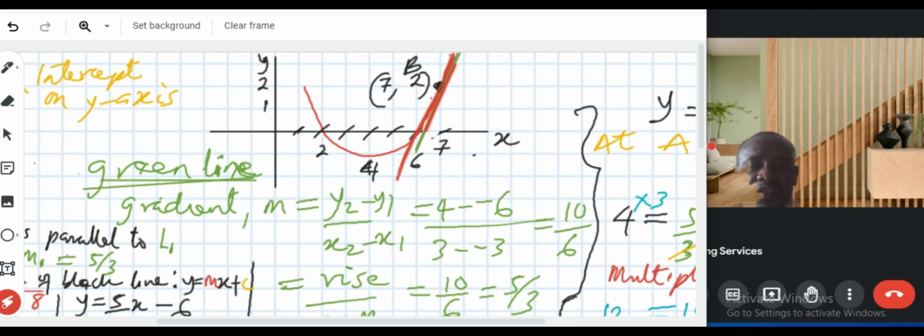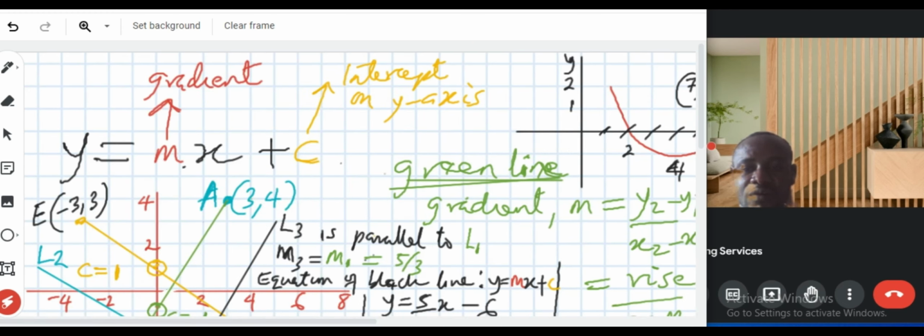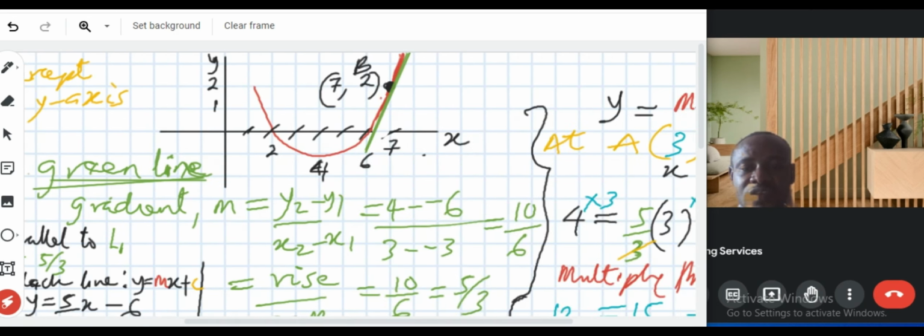What we just need is to get the gradient or slope of this green line, just like we did for the other green line. Slope, or gradient, is y2 minus y1 over x2 minus x1, or rise over run.